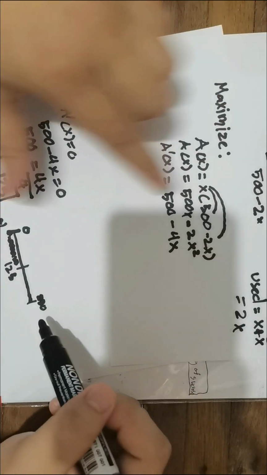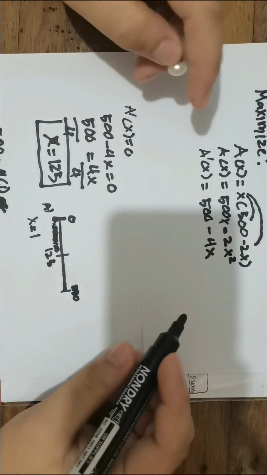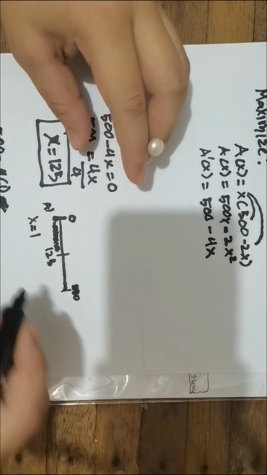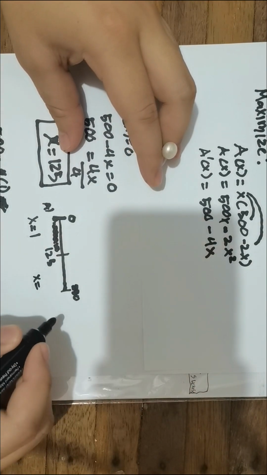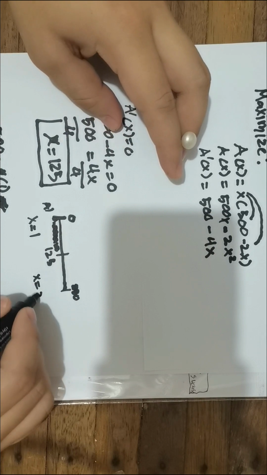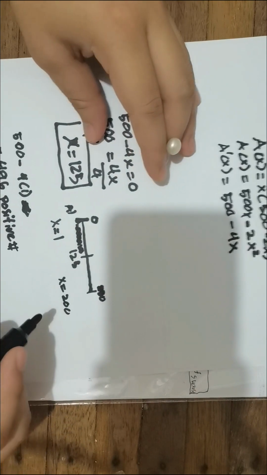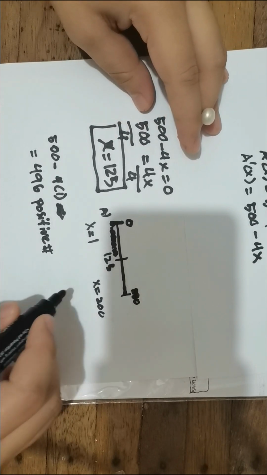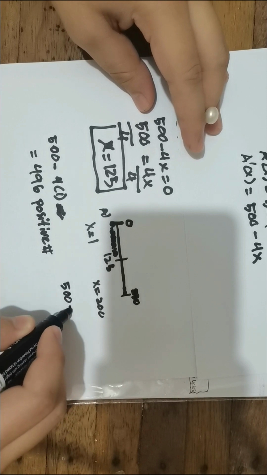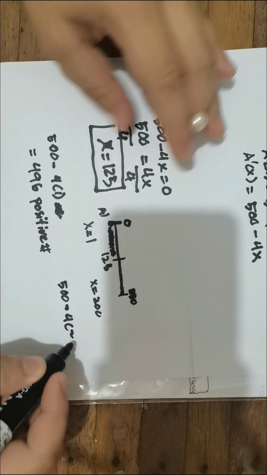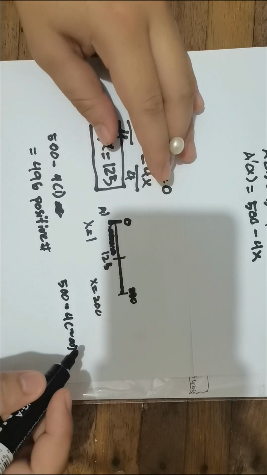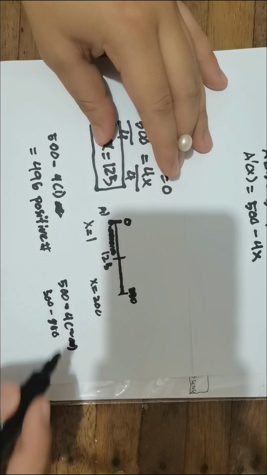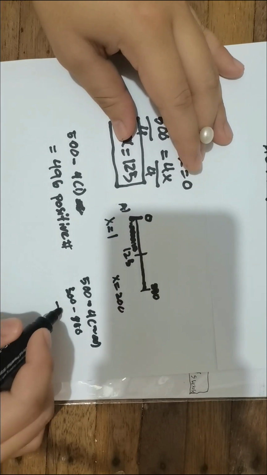So let's say I'm going to use x equals 200. 500 minus 4 times 200 is 500 minus 800, so it becomes negative 300.